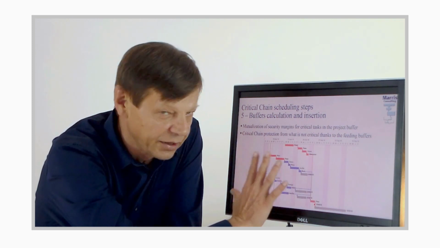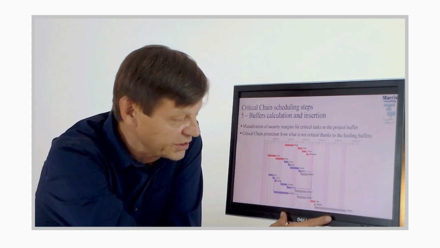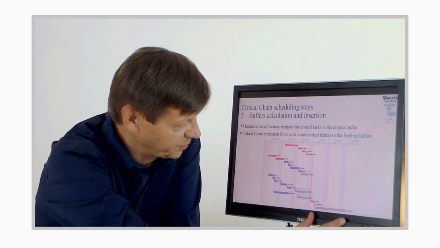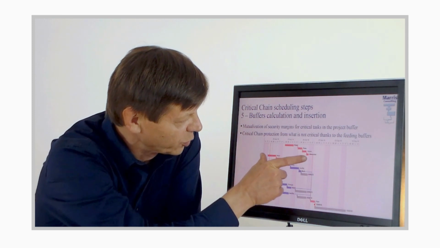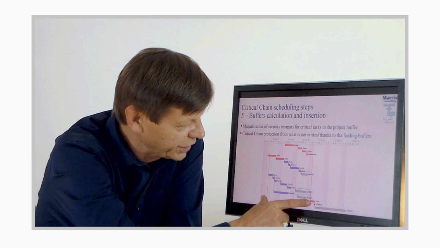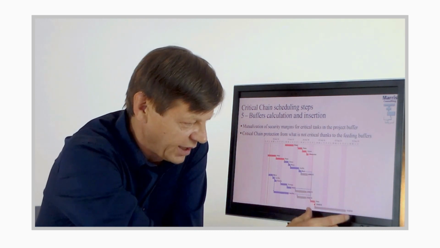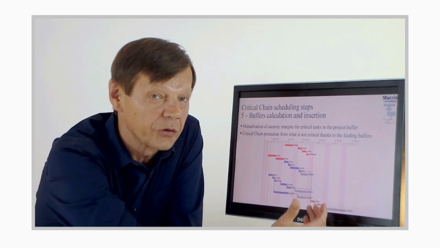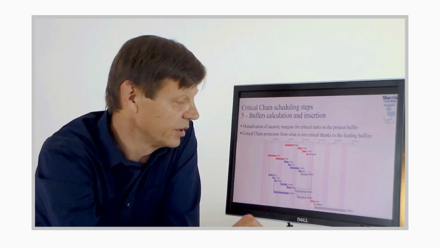Again, without going into the formulas, please note that this buffer is fairly big. For instance, one of the possible rules to identify its size is to take the size of the critical chain, divide it by 2, and say that's the size of the buffer. Or said in another way, 1/3 of the duration of your project is the buffer.